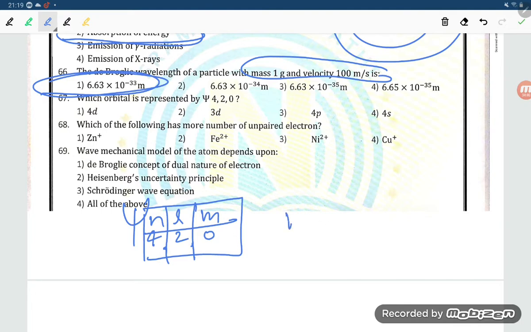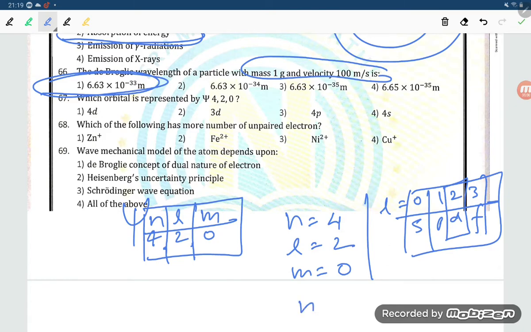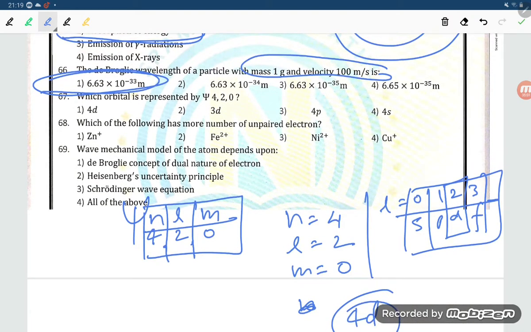So n is equal to 4, l is equal to 2, m is equal to 0. L equal to 2, just now we solved, student: 0 1 2 3 is s p d f. So 2 means d orbital, and n value is 4, so it is 4d. So the correct option will be option number 1.